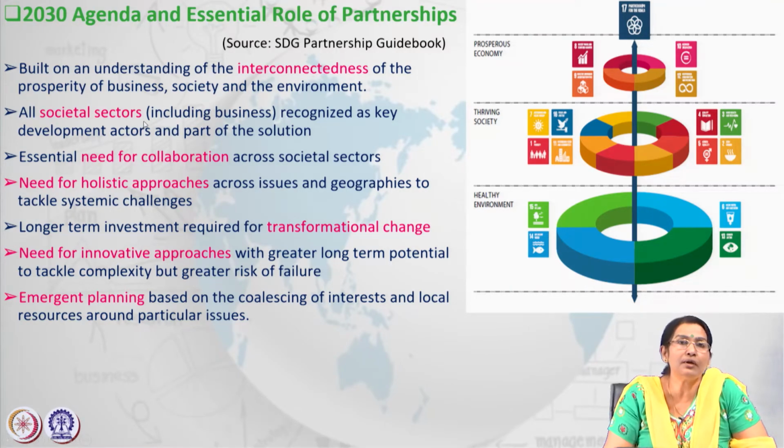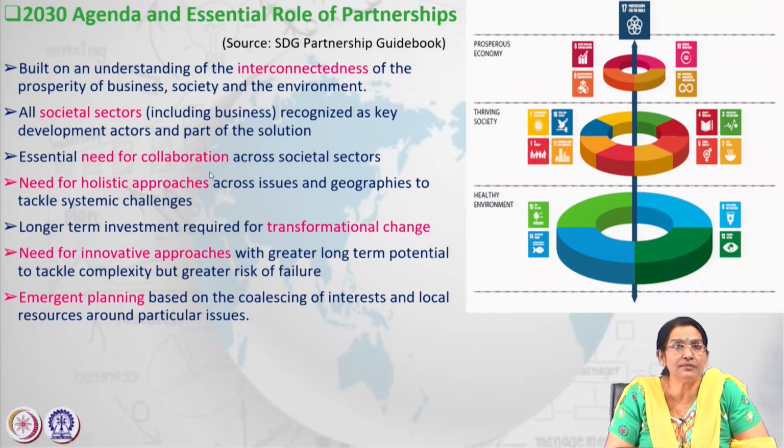Therefore, education is very important for social development, and for environmental development also we need a sufficient amount of financial resources to implement all the policies and execute the action plan. So, social sectors including business play the role of key development actors in this solution.